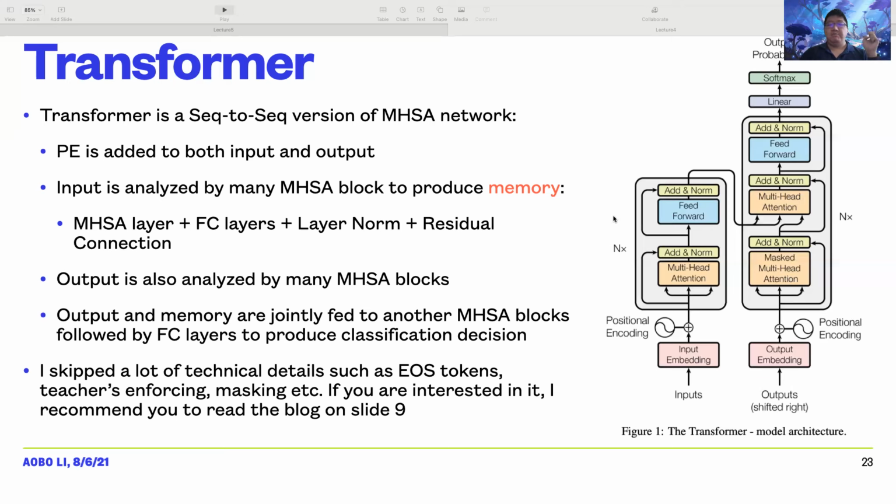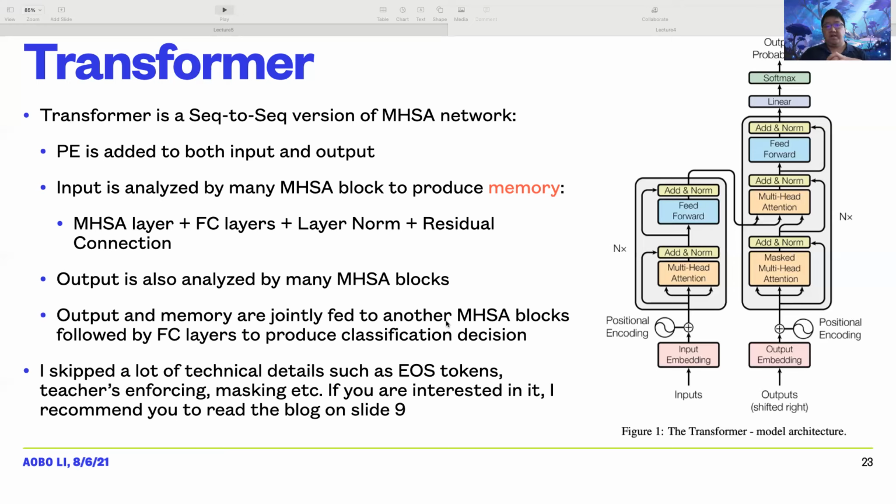And then the output and memory are jointly fed to another MHSA block, followed by a fully connected layer to produce the classification decision, which is a vector. If you have done the earlier homework, you know that we produce a vector as the output of the neural network, and the vector after taking the softmax represents the probability of each image or word falling into this class.